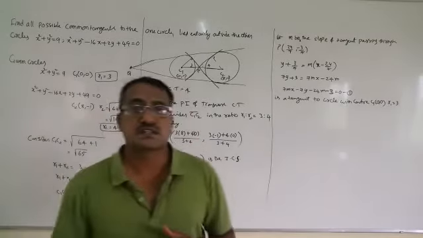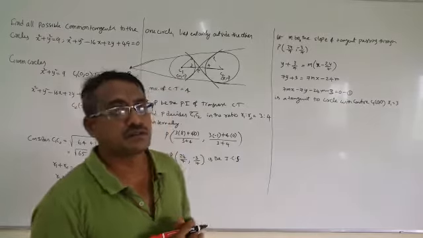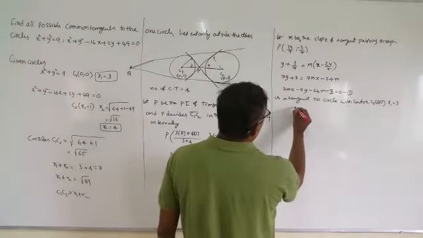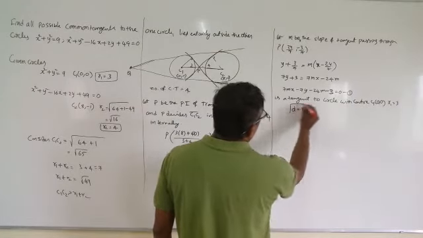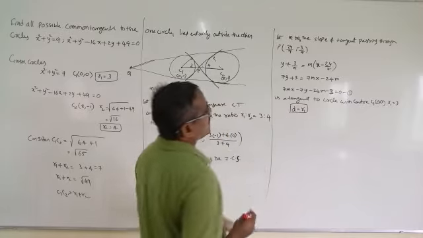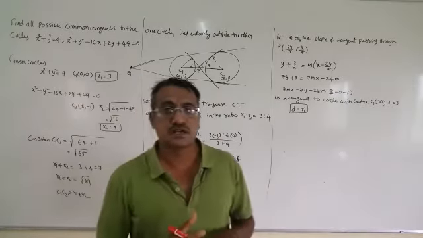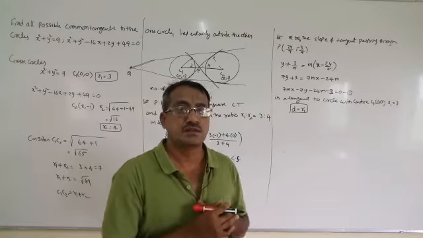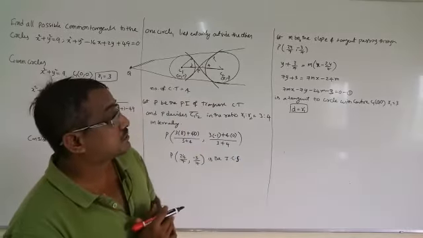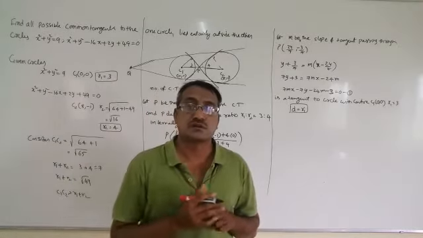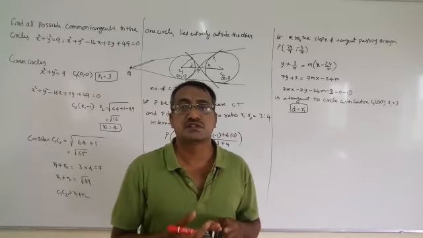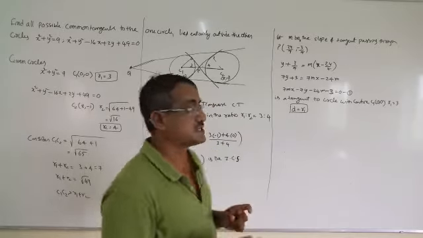I am taking C1 and R1. So by the definition, D is equal to R, where D is the perpendicular distance from the center to the line. Here the point is the origin, so the distance from the origin is mod C by root of a square plus b square.